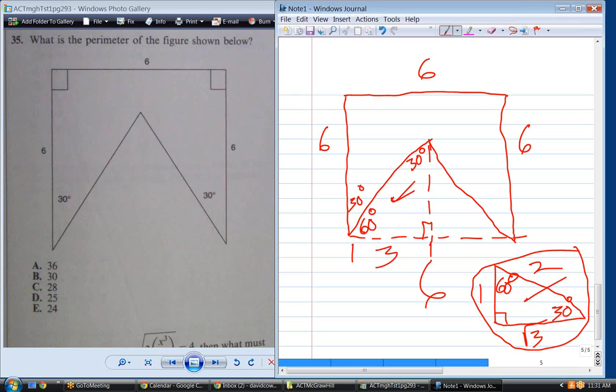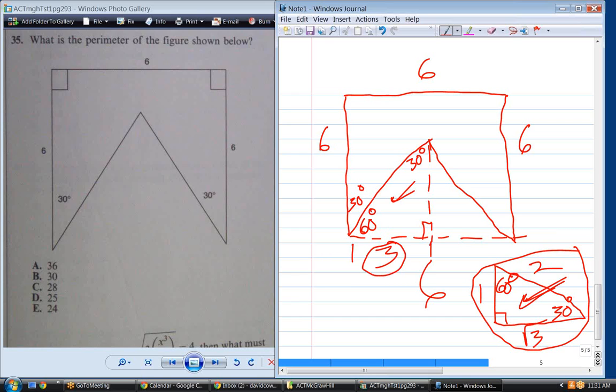It's okay to say I don't know, but don't just guess. I don't know. Okay, well what's the side opposite the 30-degree angle there? 3. What is the side opposite the 30-degree angle in this smaller triangle? 1. And the side opposite the 30-degree angle in the bigger triangle is 3, so what's the similarity ratio?